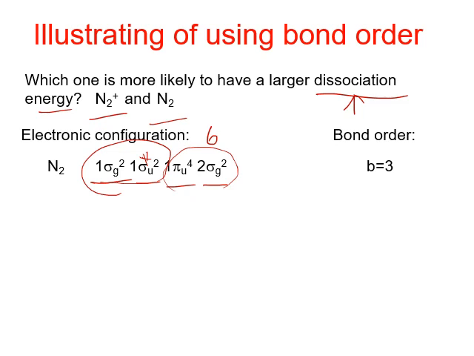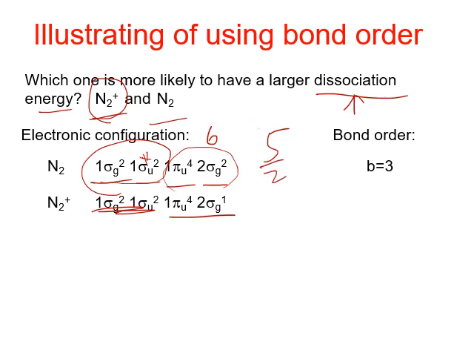So for the N₂ plus ion, that means you lose an electron from the nitrogen molecule. When the nitrogen molecule loses an electron, it is from the highest energy level, and that's the 2 sigma g. Okay, and remember these two cancel each other, and so you now have 5 electrons in the bonding molecular orbitals, no electrons in the anti-bonding.